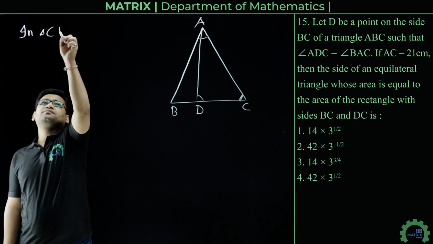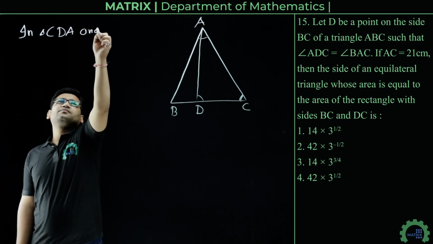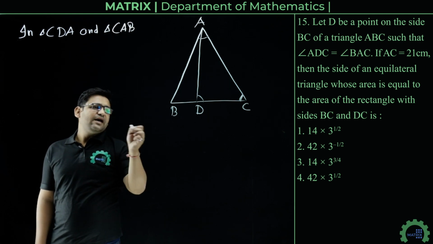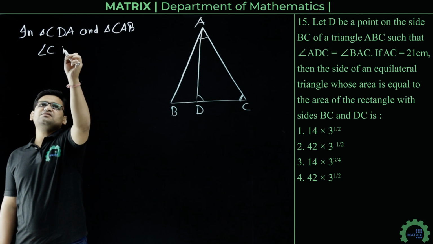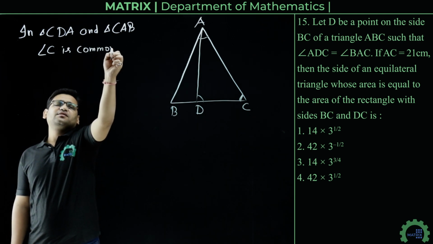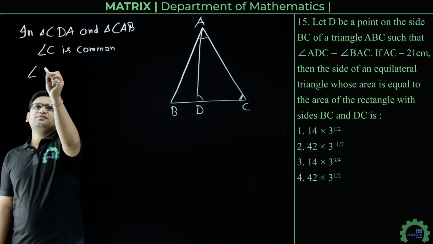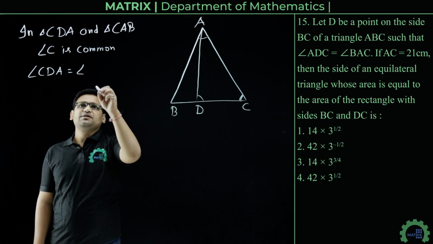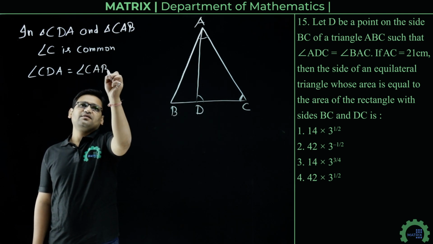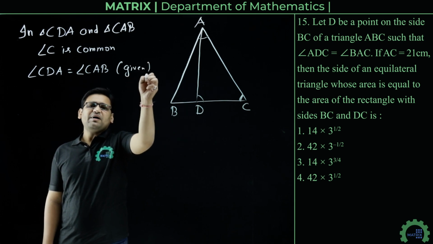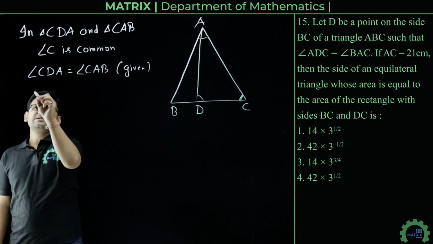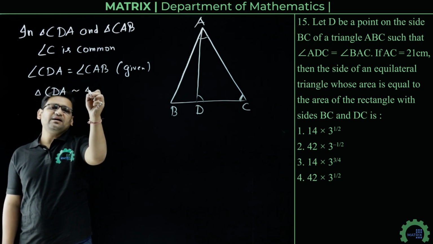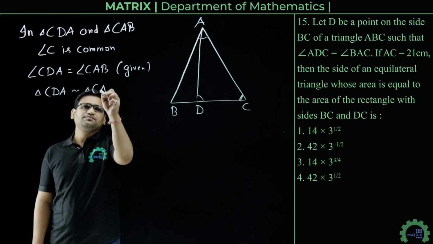So we can write that in triangles CDA and CAB, angle C is common in both the triangles, and angle CDA is equal to angle CAB, which is given. So by AA similarity criteria, we can say that triangle CDA is similar to triangle CAB.